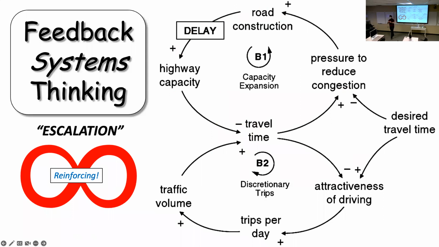So these two balancing loops fight against each other the same way your thermostat tries to bring the temperature up to a set point if you're in the cold winter months, whereas the outside tries to bring the temperature down to the outside temperature. Because they're moving in opposite directions, these two balancing loops are effectively exerting a pressure on each other, which ensures that the road construction will never end, and the trips per day will ever increase.